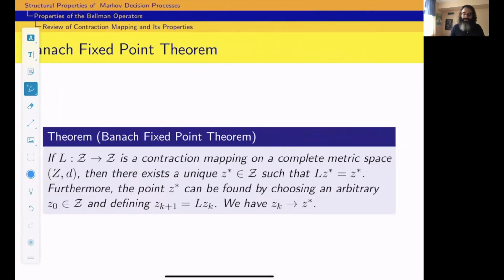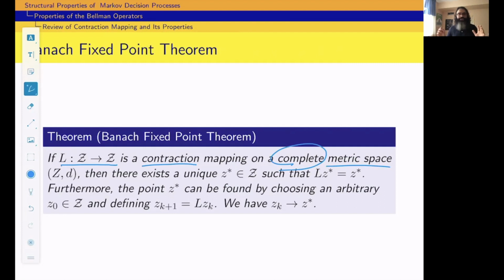And this result, the Banach fixed point theorem or contraction mapping theorem, is basically saying several important things. So let's go through it. Let's start with a mapping L from Z to Z, and suppose that mapping is a contraction mapping. That's the assumption. This is technical: it's on a metric space, and the metric space should be complete, but we can forget about it now.